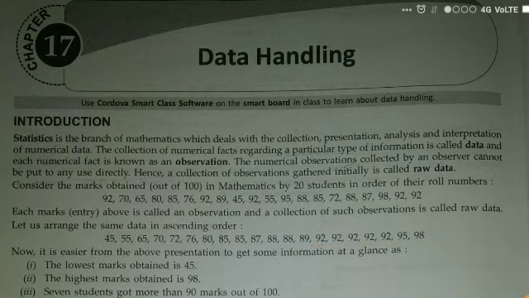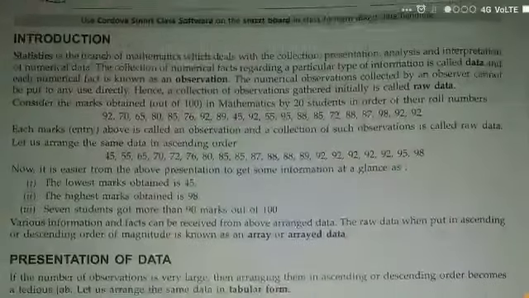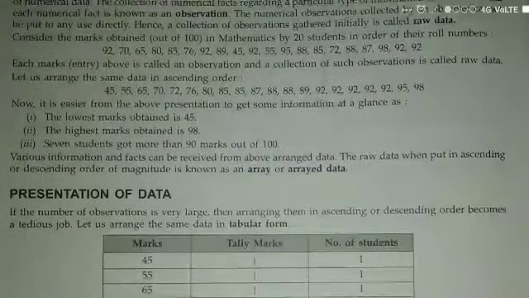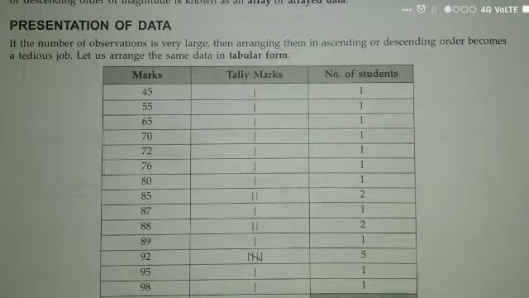Okay. Then we will see the presentation of the data. If the number of observations is very large, then arranging them in ascending or descending order becomes a tedious job. Let us arrange the same data in the tabular form.